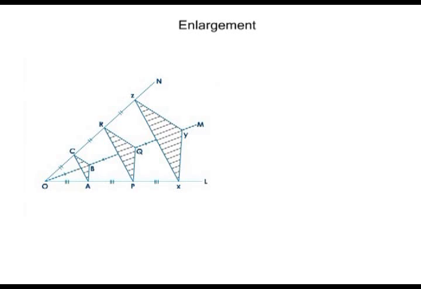For instance, triangle ABC is enlarged twice, first to triangle PQR and then to triangle XYZ, with the center of enlargement at O. PQ over AB is equal to QR over BC, and it's equal to PR over AC, and it's equal to 2.